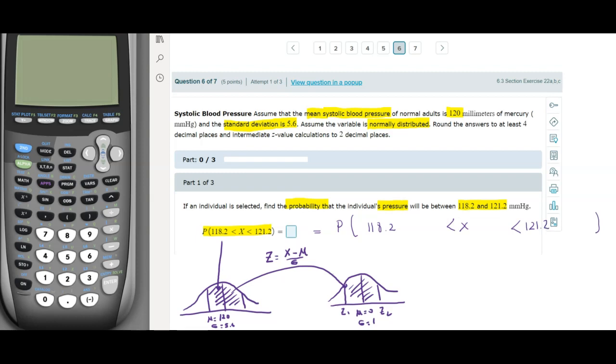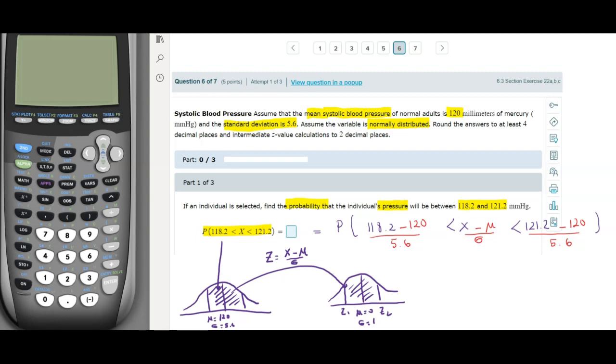We're going to take away the mean, and then divide by sigma, and do exactly the same thing with the other two values, plugging in the actual values. So we take away the mean, 120, from each side, and divide by sigma, which is 5.6 and 5.6.